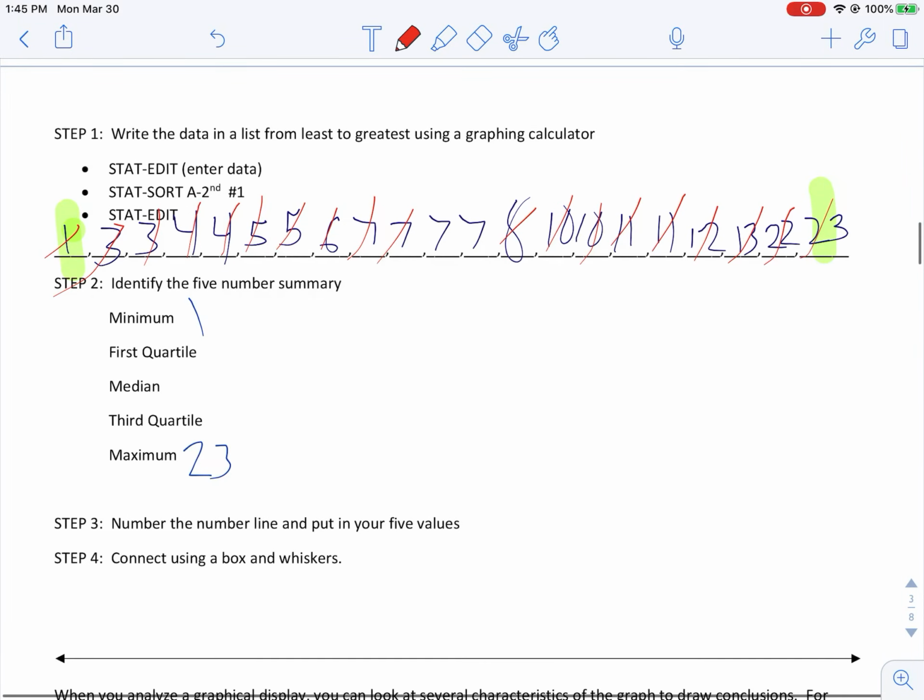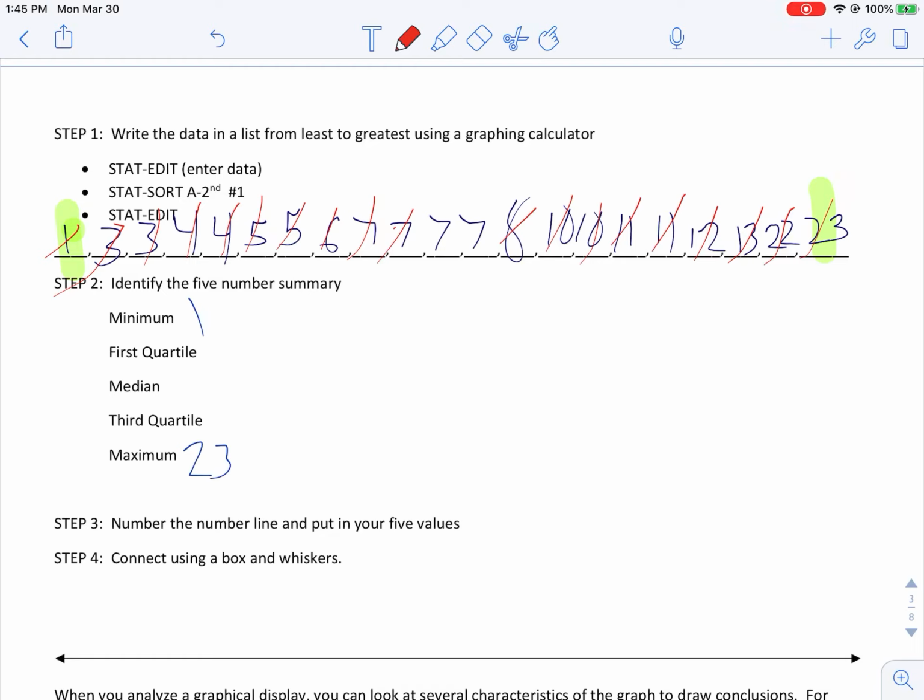I did something wrong here. 1, 2, 3, 4, 5, 6, 7, 8, 9, 10. So it looks like there's 22 data points.